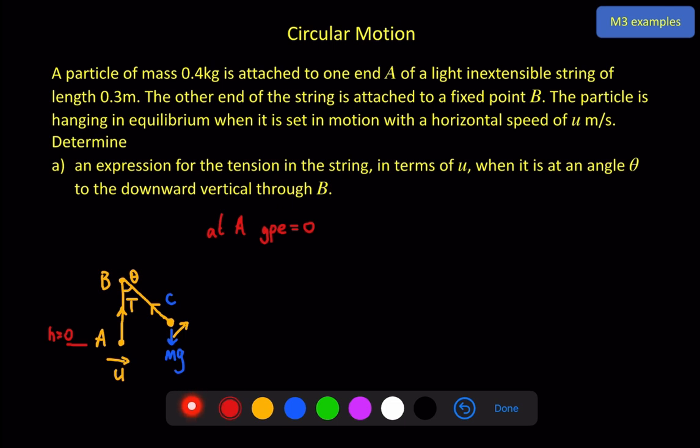So if I put that there, gravitational potential energy at A is 0. The kinetic energy, again, is a half mv squared, where in this case we know that v is u. At C, same as before, we've got 0.3 on the length, so this distance here is 0.3 cos theta, so the little distance here that I need at C, h, is equal to 0.3 minus 0.3 cos theta, same as before.